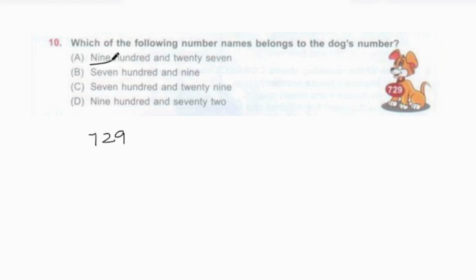A starts with a 9, we can eliminate it. D starts with a 9, we can eliminate it. We are left with B and C. So B reads as 709, and C reads as 729, which is exactly what the dog's number is. So option C is correct.